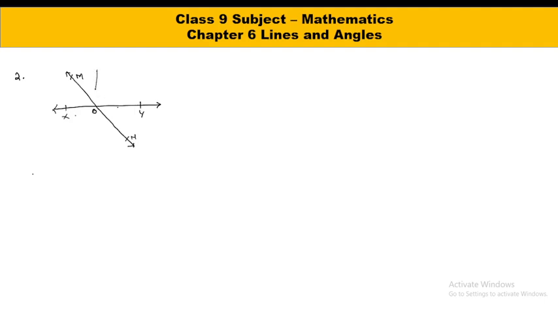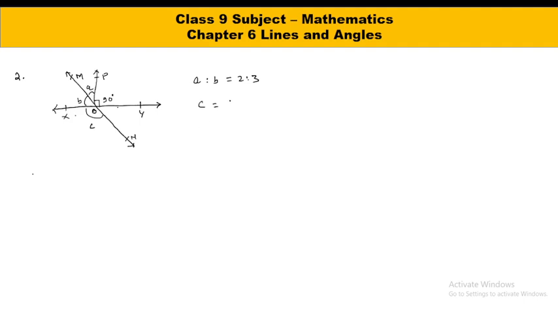So we have to draw a perpendicular ray from point O on line XY. It is POY, that is 90 degree, and A ratio B is given as 2 ratio 3, and we need to find C. In the figure, this angle is angle A, this angle is angle B, and this angle is angle C.